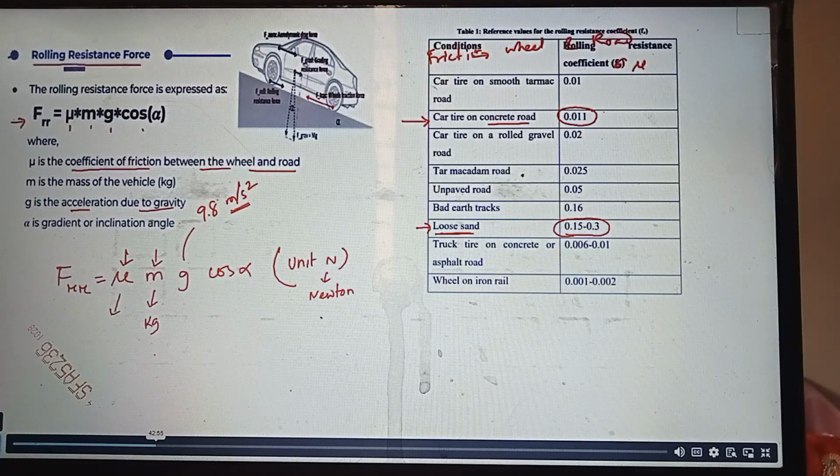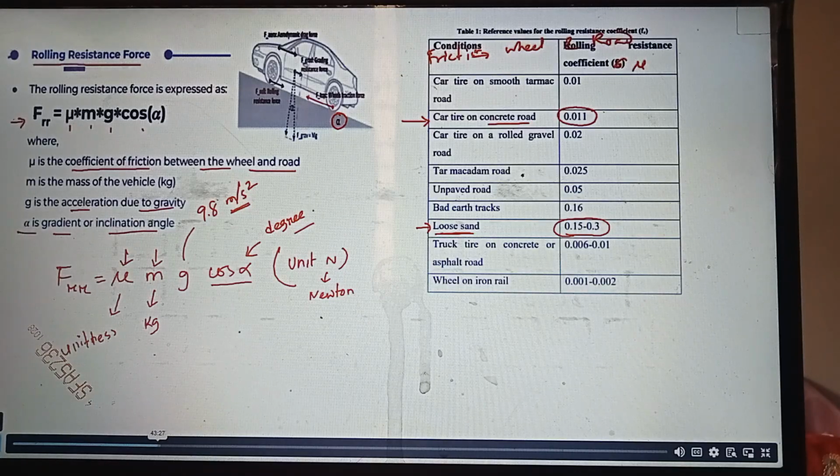Coefficient of friction is of course unitless. Then the fourth term is cos alpha. Alpha is the gradient or inclination angle. If your vehicle has some inclination compared to the level road, going up or down, that angle is alpha. Here alpha is generally in degrees.